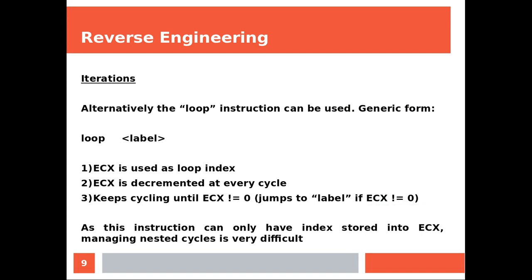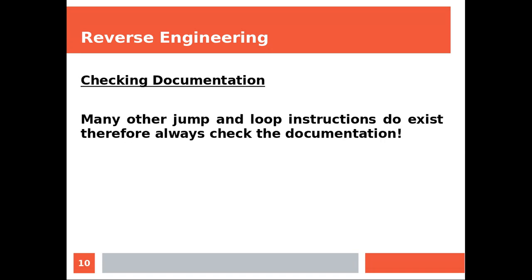Now, as this instruction can only have the index stored in ECX, CX, or RCX, managing nested cycles is very difficult. Many other jump and loop instructions do exist. Therefore, always check the documentation.